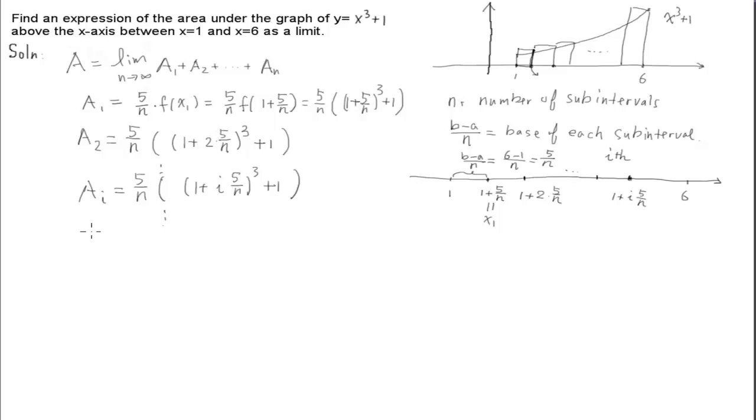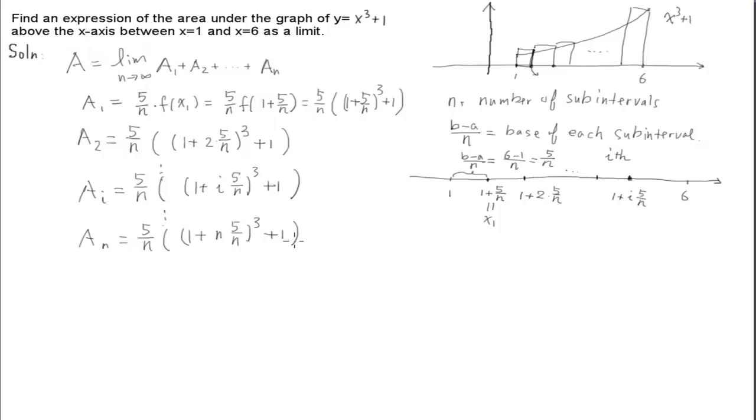So A_n is going to be equal to 5 over n, and then we have 1 plus n times 5 over n, right? And cubed and plus 1.